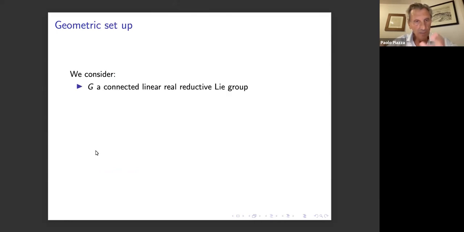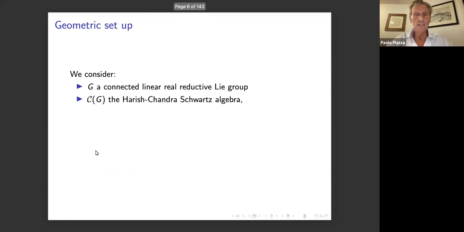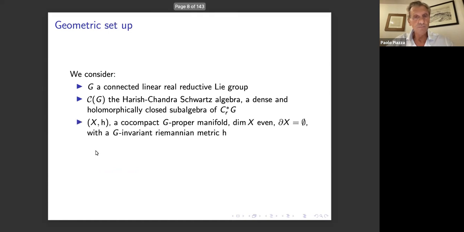So we have again a connected linear real reductive group. And we consider the Harish-Chandra-Schwartz algebra. And we know that this is a dense and holomorphically closed subalgebra of the C-star algebra of G, the reduced C-star algebra.